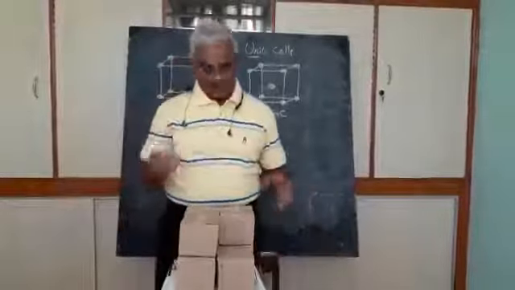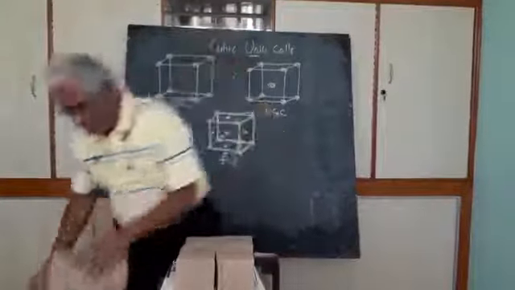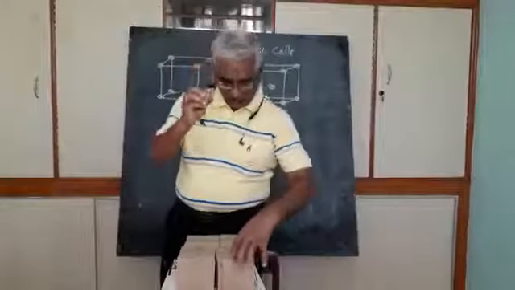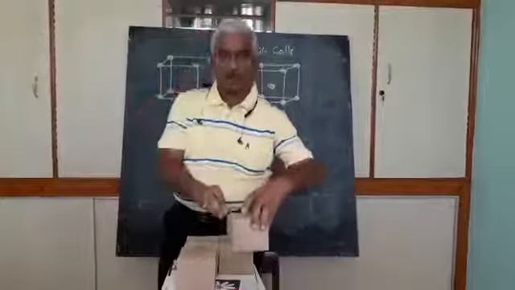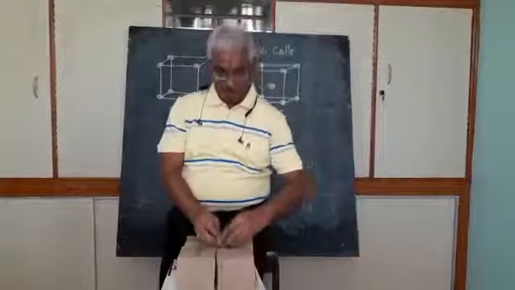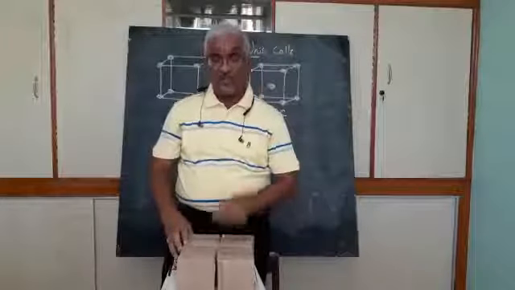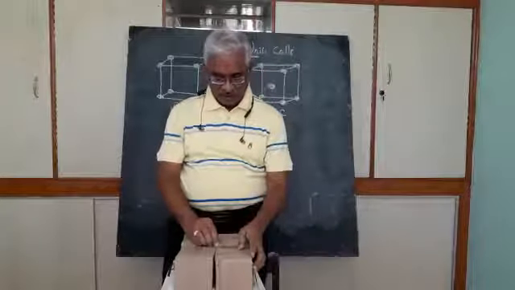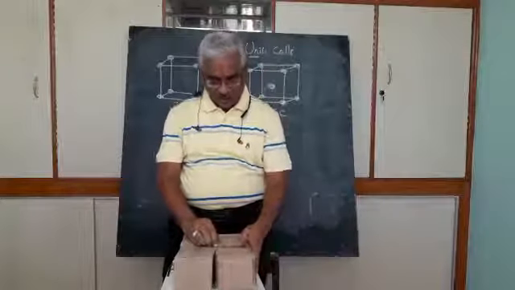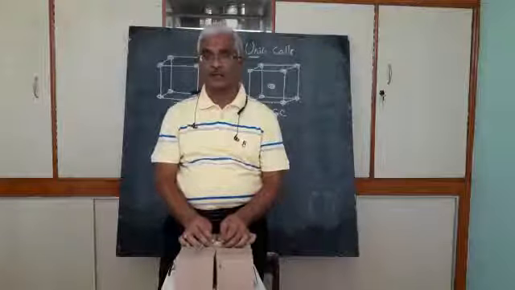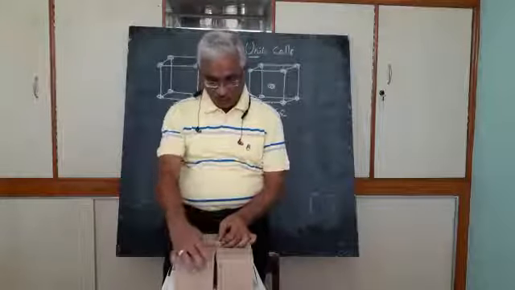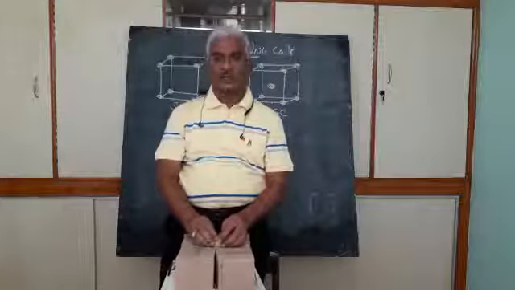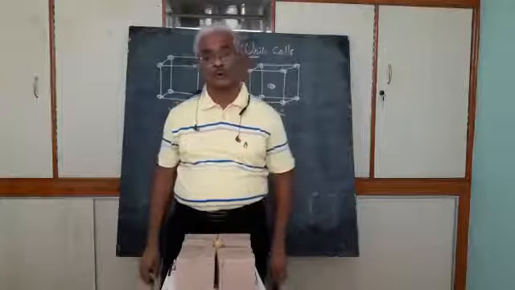How? So I will show you. See, this is an atom. This is present in the corner. Means, this atom is present now in the corner of a unit cell, but it is shared in the 4 unit cells. Can you see 4 unit cells? Not only 4.